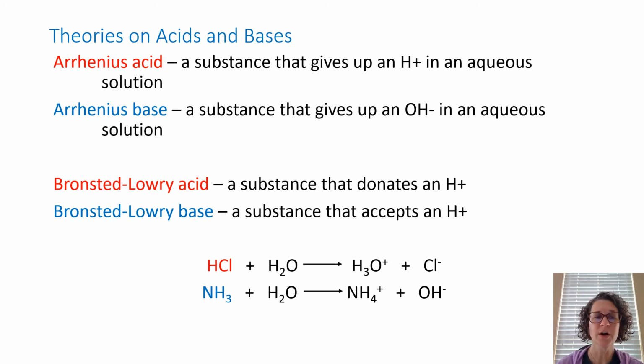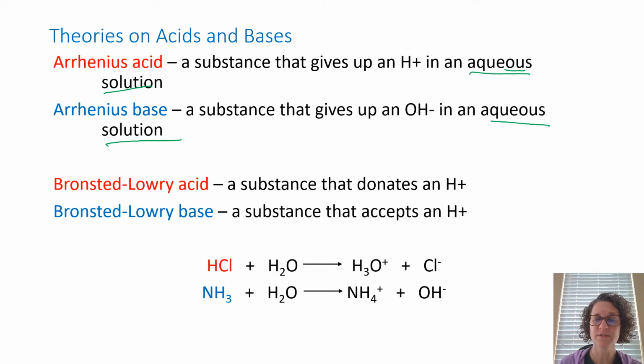So here's where Arrhenius is a little bit limited. He's limited because he says it has to be in an aqueous solution. So he's saying it has to deal with water. And 99% of the time they do. So Arrhenius was pretty right. But a little less specific definition of acids and bases is the Bronsted-Lowry definitions.